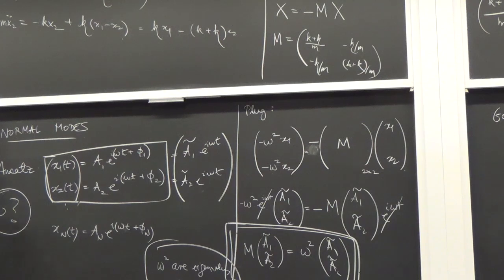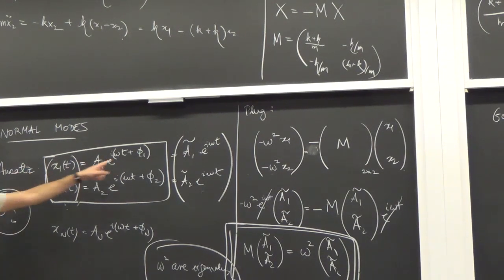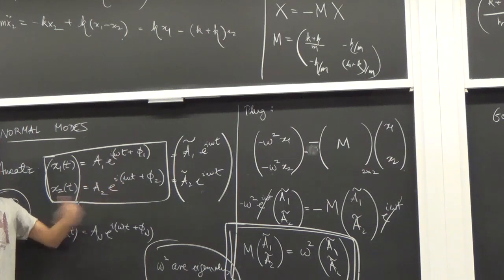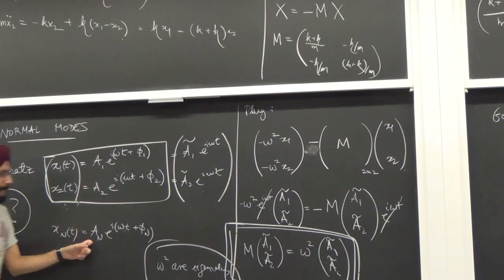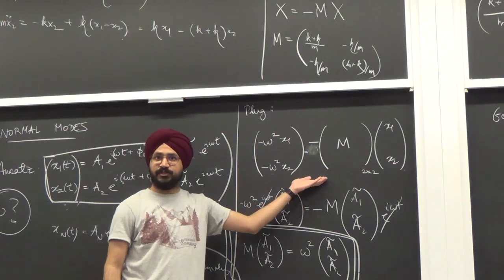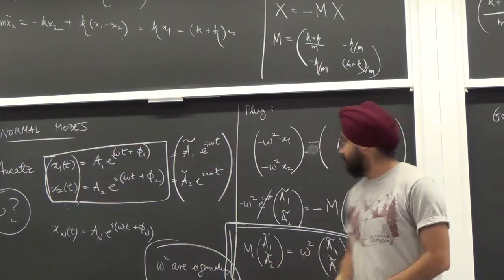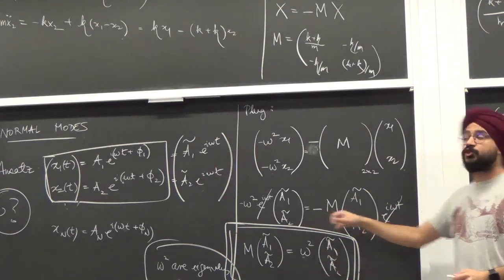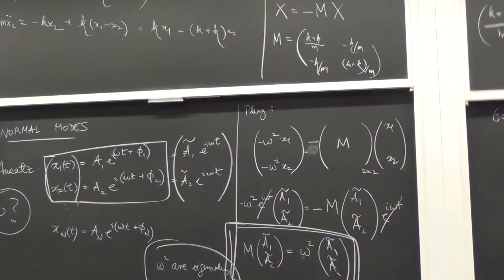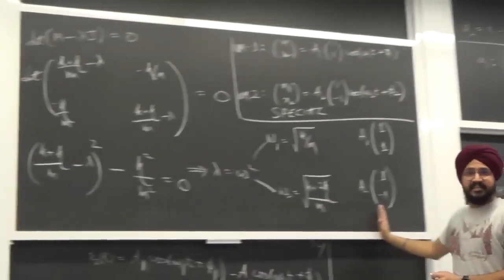Special configurations for which each particle has the same frequency. Assume same frequency, omega, omega. Want to find the omega. Plug it back into my equation of motion. Omega squares are the eigenvalues of the matrix M. Solve for the eigenvalues. Solve for the eigenvectors.